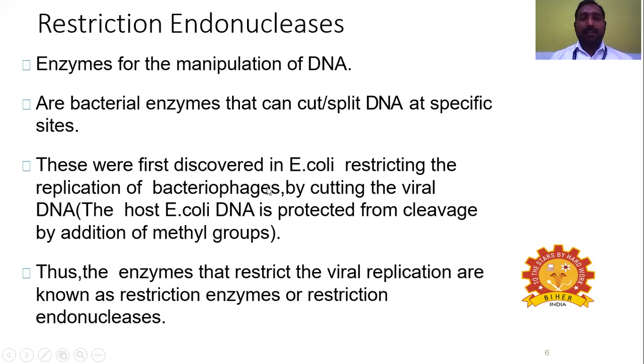The virus particle will bind to the E. coli DNA, and once the E. coli DNA has the methyl group, it can easily prevent digestion or restriction. These enzymes, which restrict viral replication, are known as restriction enzymes or restriction endonucleases.